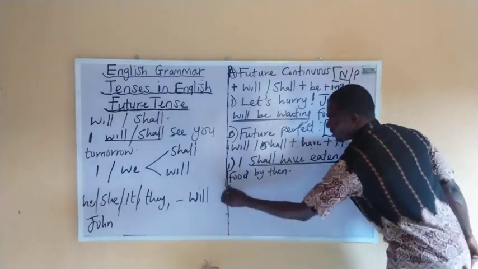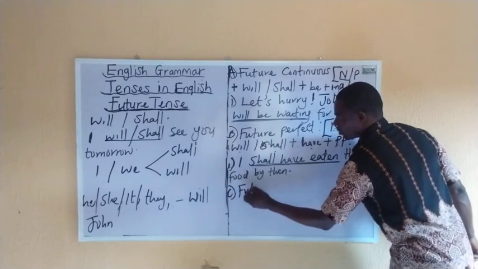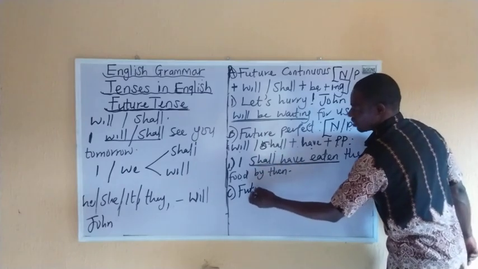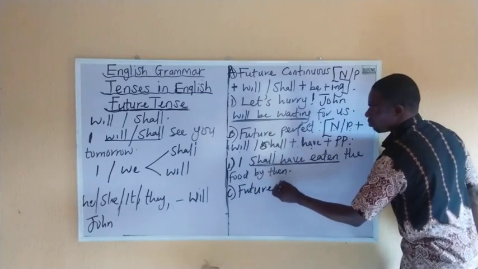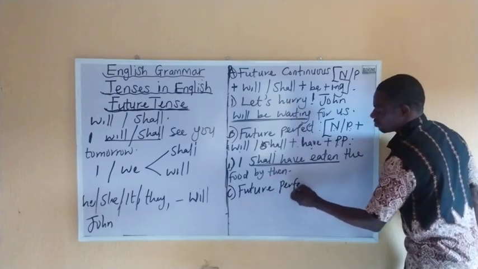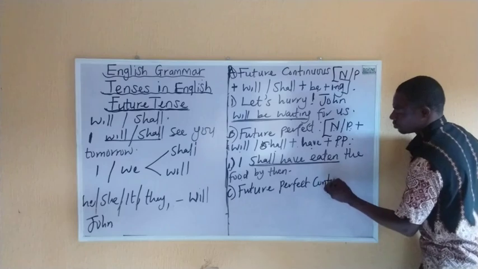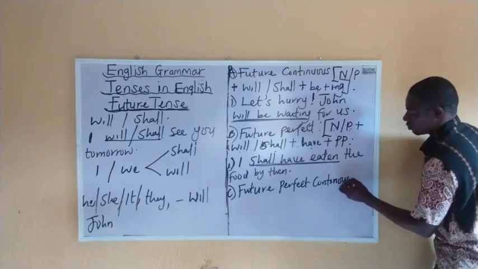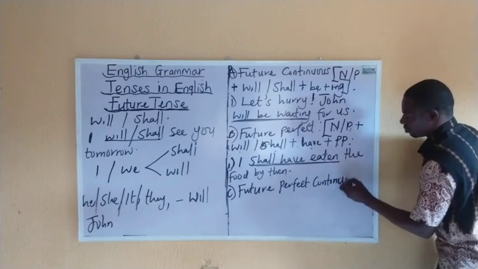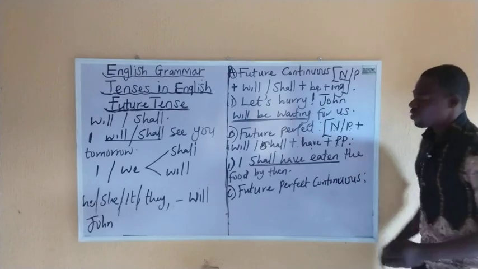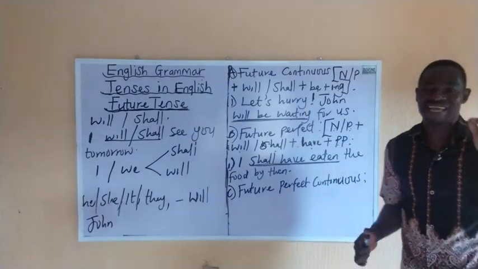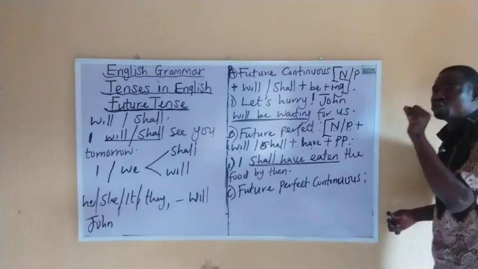Okay, lastly, the last aspect of the future tense is the future perfect continuous. The future perfect continuous is used to show that an action will have lasted by a future action.